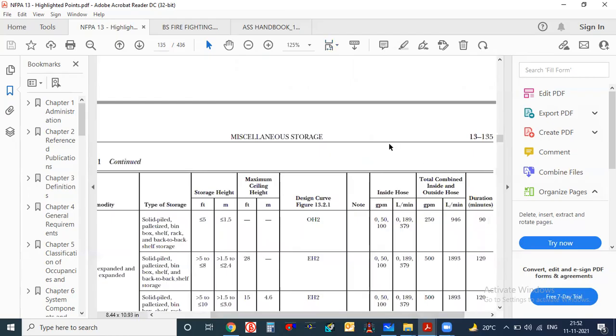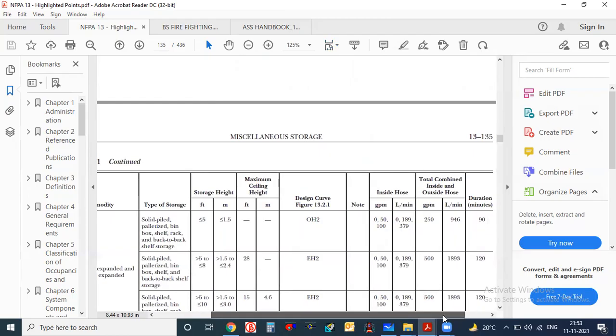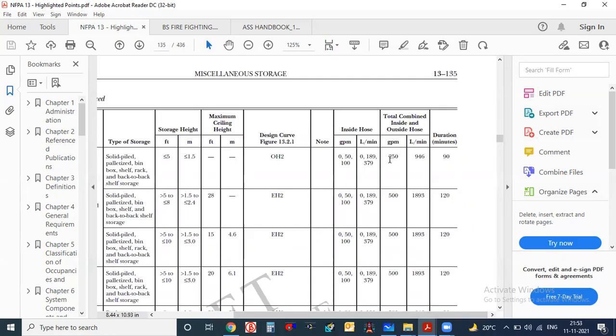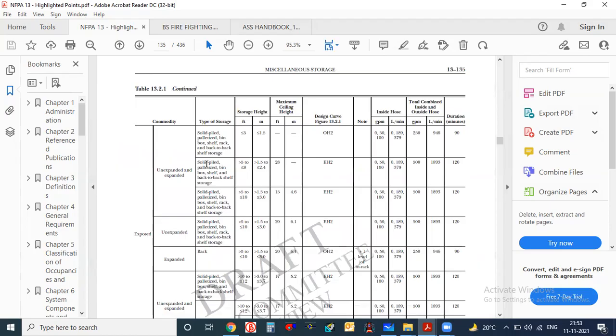You are asking the question, no, this is the answer about the hose connection. What will be the inside, what will be the outside? 50 for 1, 100 for 2, and 250 for outside. So this particular table is given for the general storage category, but they have given only the hose connections here.